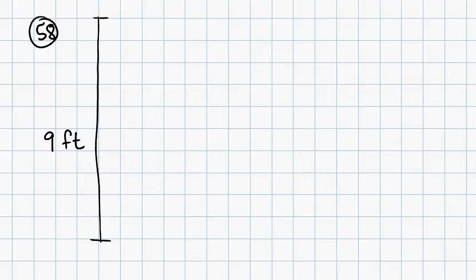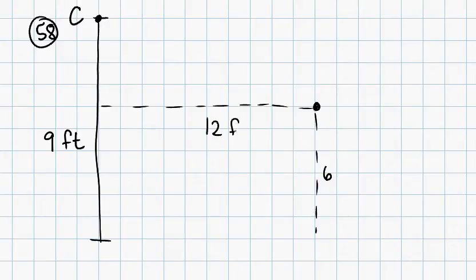And I have a camera hanging out at the top of the wall. We want to spot 6 feet above the floor, 12 feet from the wall. So our spot is over here.